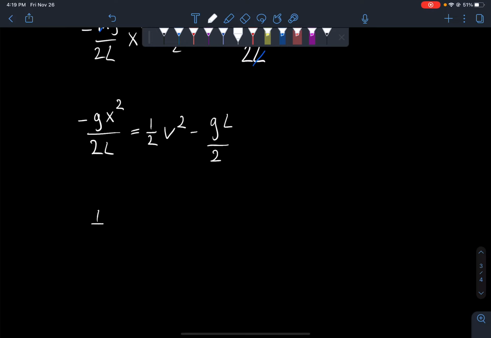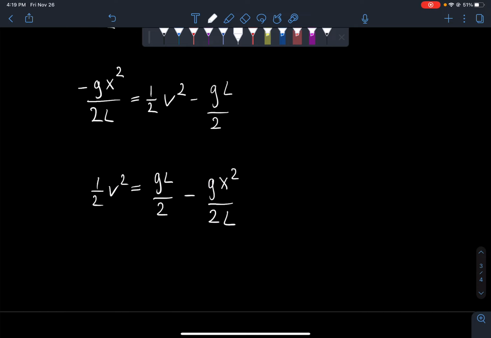So 1/2 v squared is equal to, so I'm making this term positive on the other side, so it's going to be gL over 2, and then minus gx squared over 2L. Okay, so if you notice, if I multiply everywhere by 2, every 2 is just going to cancel. So I'm essentially just going to cancel all the 2's.